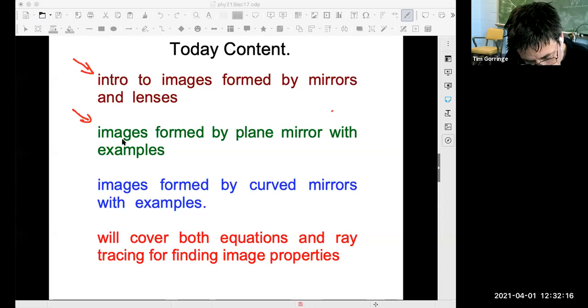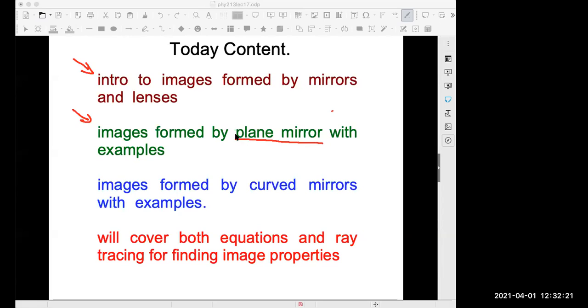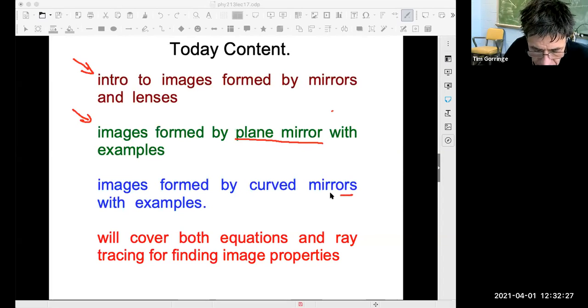So the remaining items are, I'm going to talk about plane mirrors, that's flat mirrors, and images that they form. I'm going to talk about concave and convex mirrors, curved mirrors, and the images that they form.